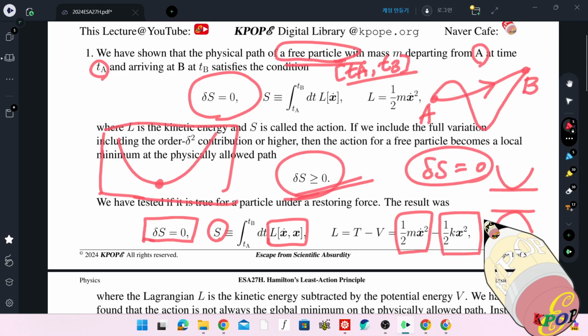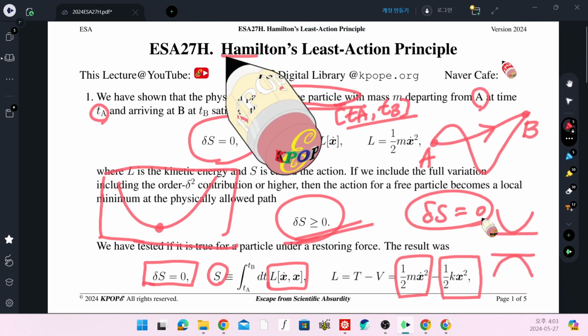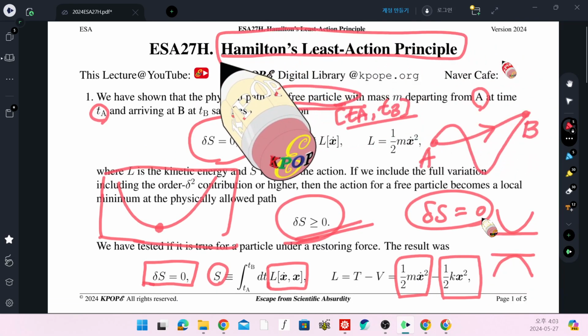So if it is not a free particle, we do not know whether the action is minimum or maximum when the path is physical. So Hamilton's least action principle is true only for a free particle.